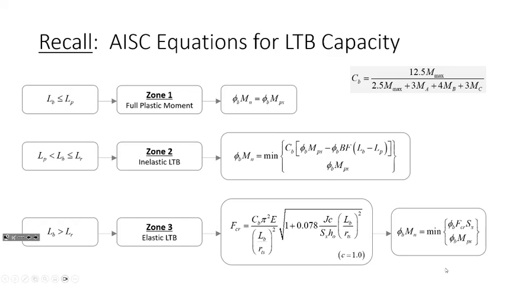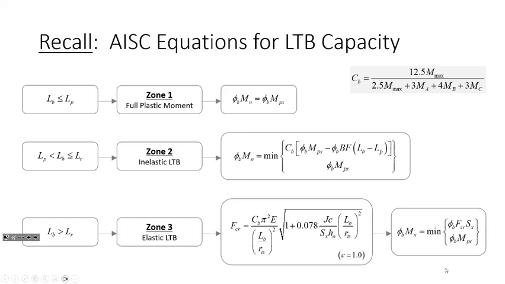That tends to be the most common zone you're in when you're designing. So you design a beam and then you analyze it. If you're in zone 3, chances are one of 2 things is happening. Either you're designing for a really long unbraced length, like a really large LB value, or you're doing something wrong. So just keep that in mind.